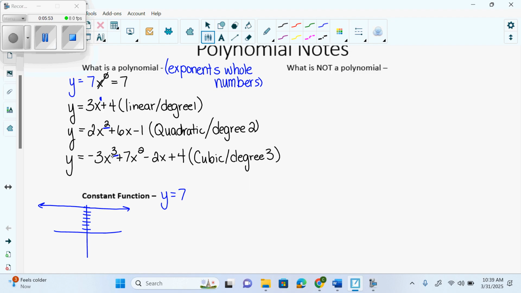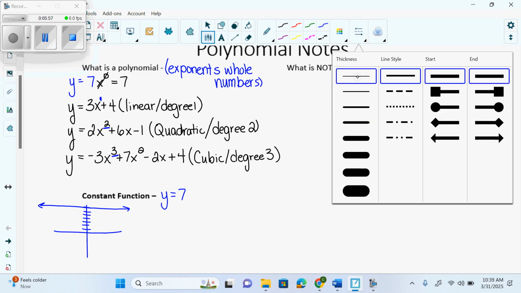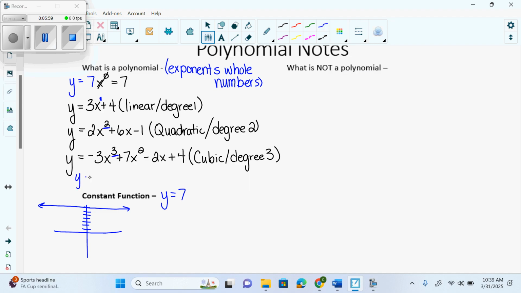And I can write that out of order. So I want to prove that again. I could rewrite it as y equals 4 plus 7x squared minus 2x minus 3x cubed. And this would still be cubic.